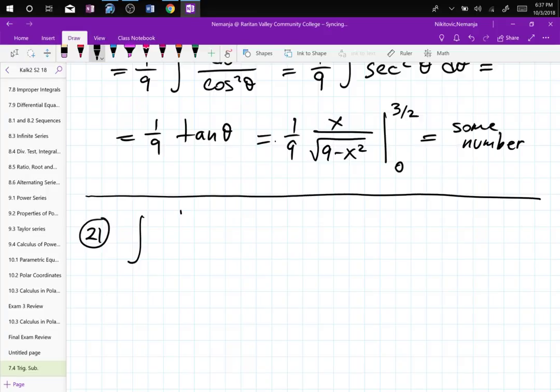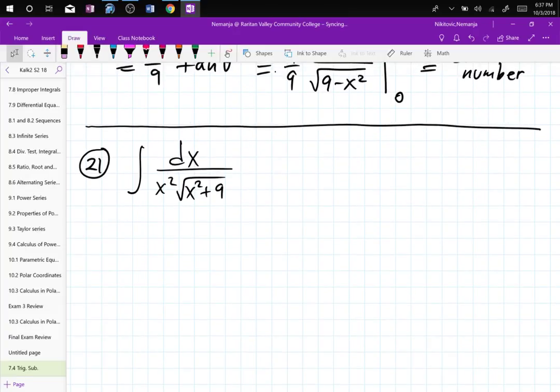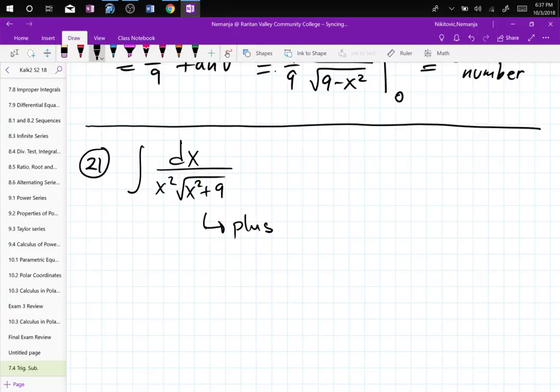It says dx over x squared square root of x squared plus 9. Perfect. That's a plus there. Plus means a, let's say, equals x, and b equals 3. That's what it means, because you have two legs.